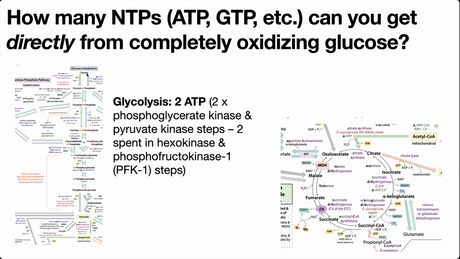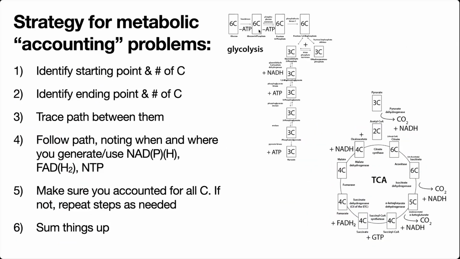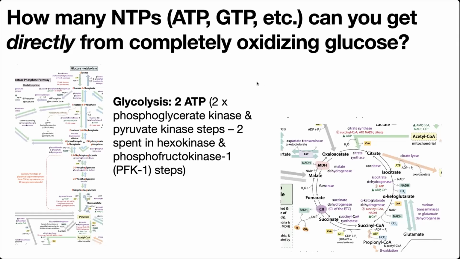But then we were actually using 2 ATP in these 6-carbon steps, and those we don't have to multiply because we're doing them only once. So we lose 2, but then we gain 2 times 2. So we gain 4, lose 2. Overall, we gain 2 ATP.